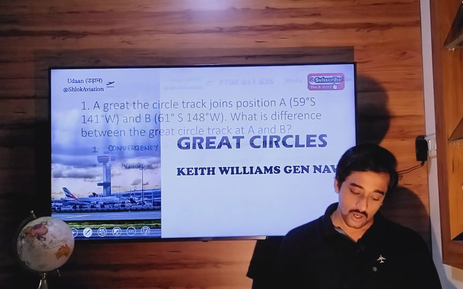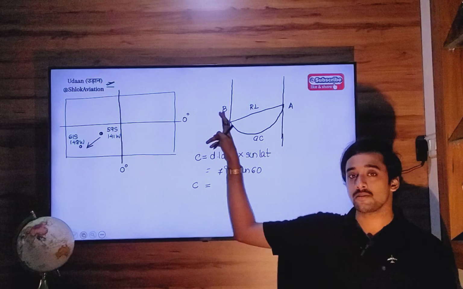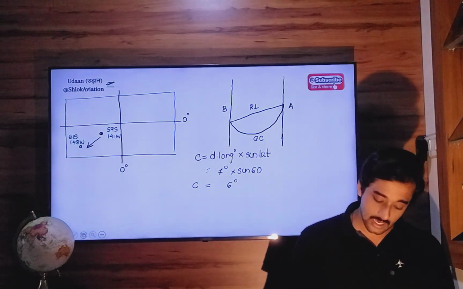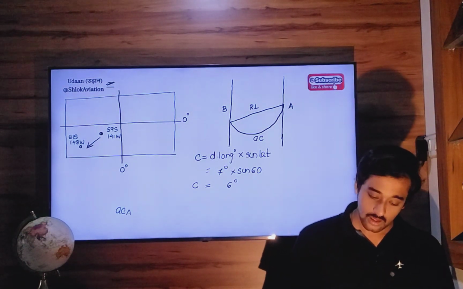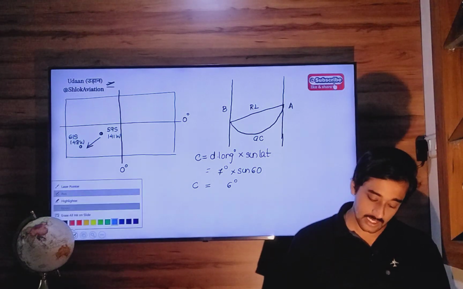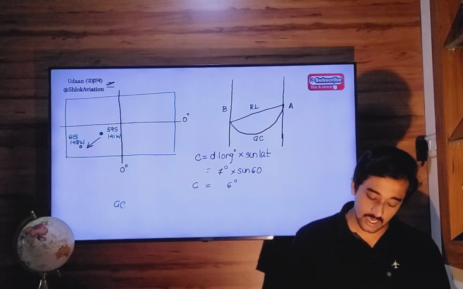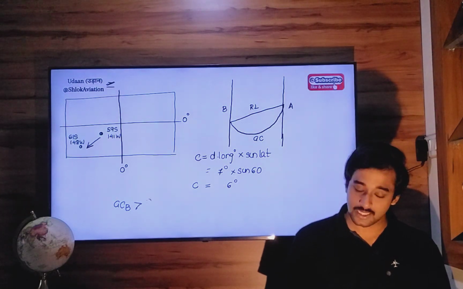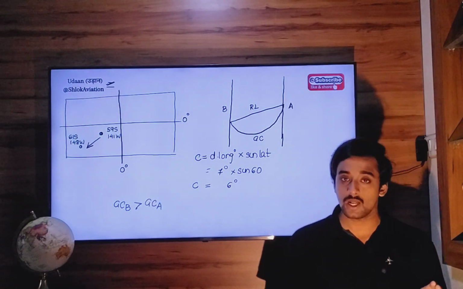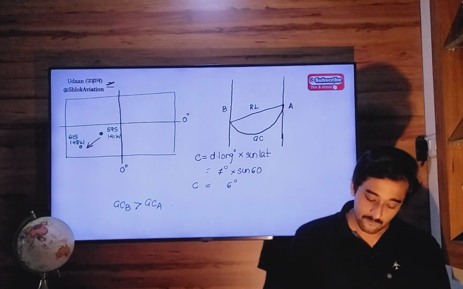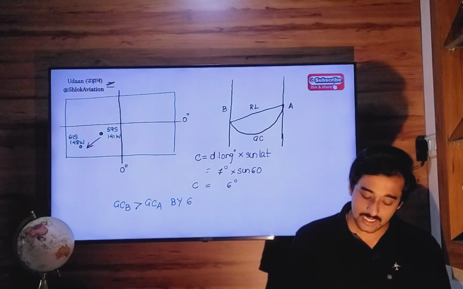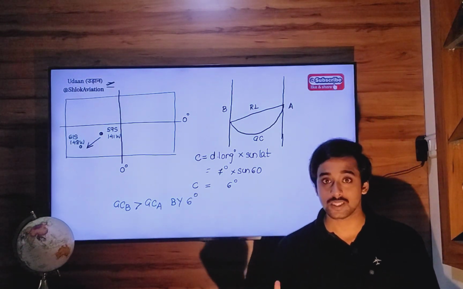That means going from point A to point B, the final great circle track at B will be more than the initial great circle track at A by a value of 6 degrees.